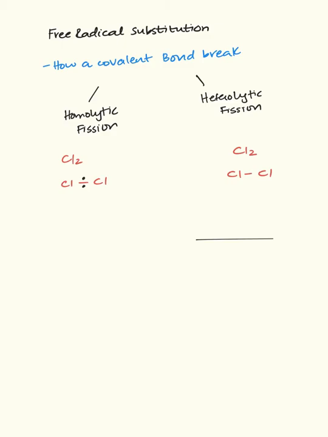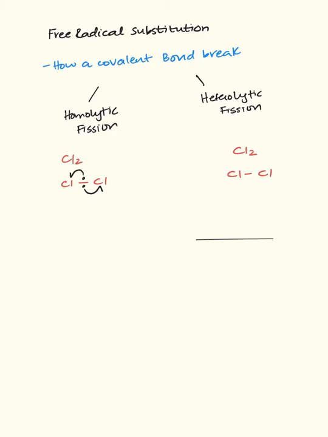That means this bond has two electrons and it will split equally, such that one electron goes back to this Cl atom and one electron goes back to this Cl atom.